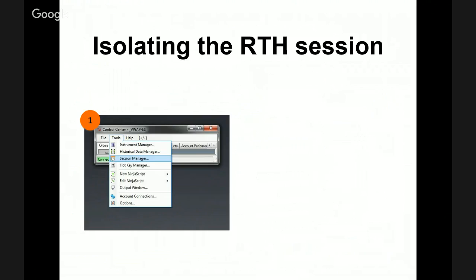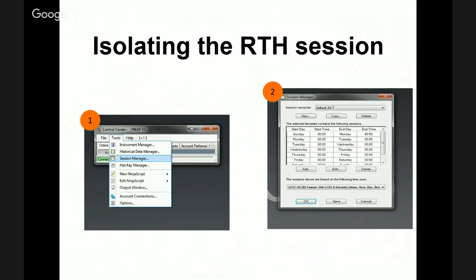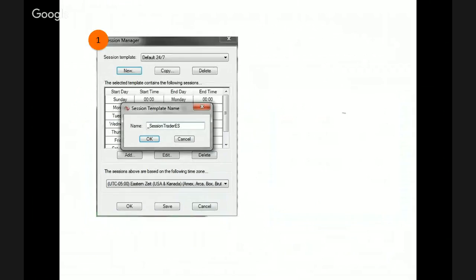So to do that, you go back into the session manager and you're going to create a new session template. Let's just go ahead and look at this example here. In this case, we named it Session Trader for ES. I'll go back in the control center after this slide and show you step by step how to do this.